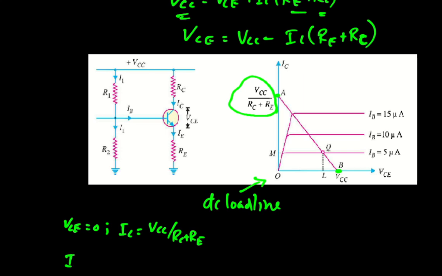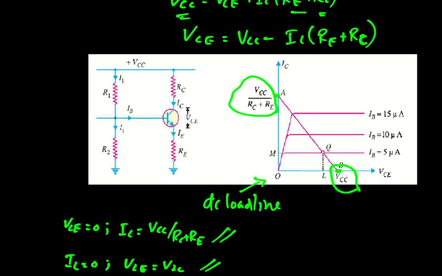So when you put IC equal to 0 in the above equation, we get VCE equal to VCC. This is the point B on the diagram. So the two endpoints of the DC load line of a common emitter transistor amplifier are given by IC equal to VCC by RC plus RE and VCE equal to VCC. This is the way we can determine the DC load line.